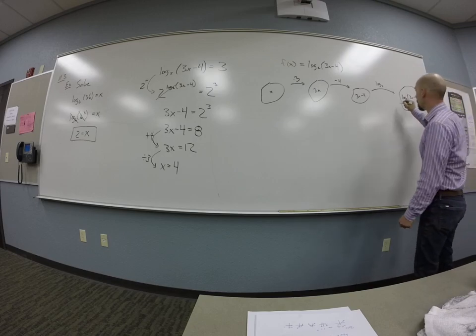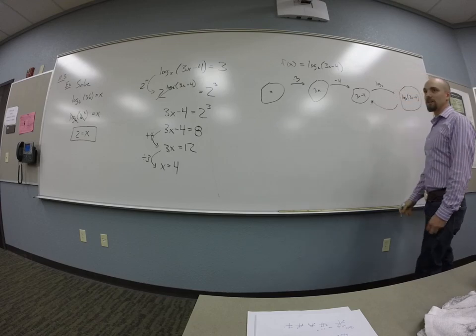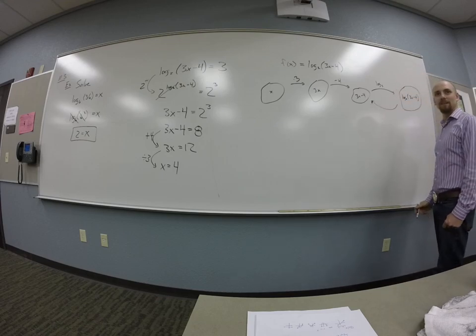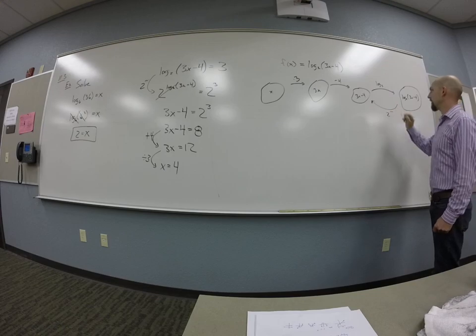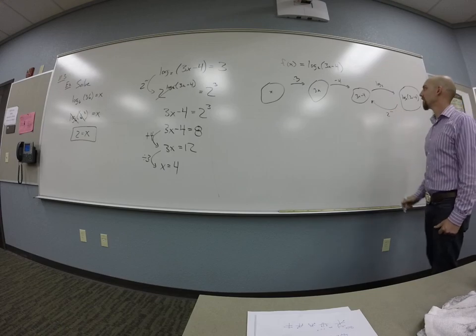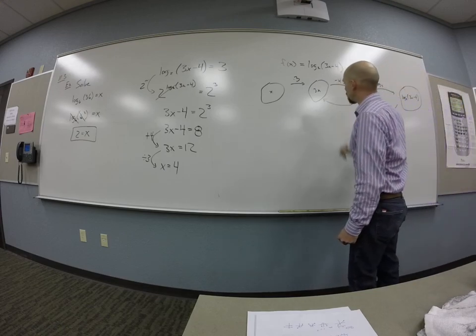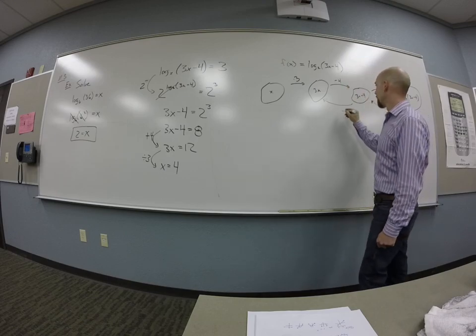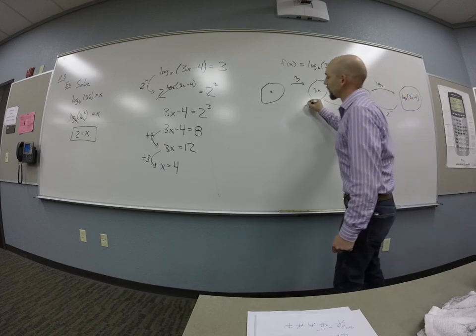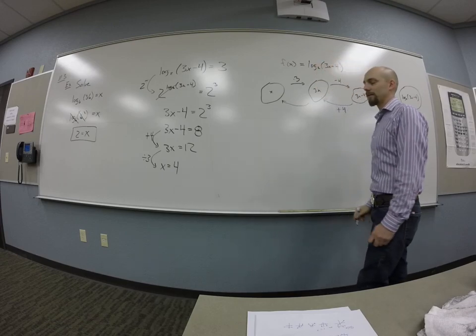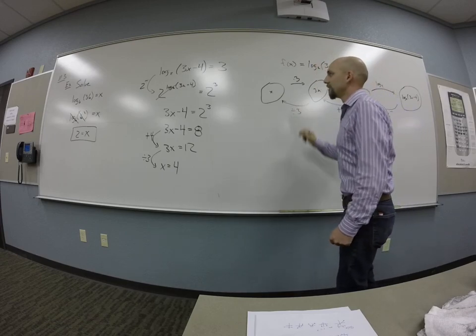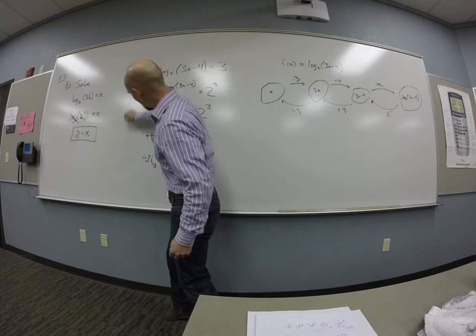If I want to go backwards, what's unlogging? Raising it to the 2. What's unsubtracting 4? Add 4. What's unmultiplying by 3? Divide by 3. You guys see that's what we did down this side?